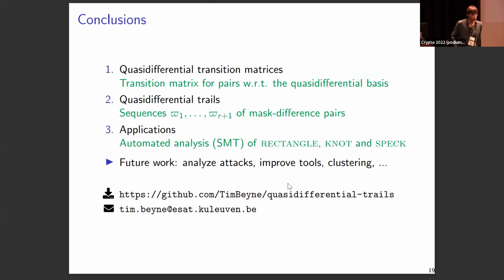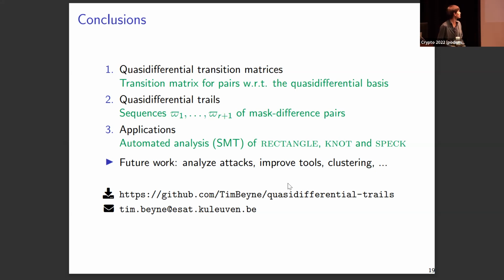So just to conclude, we've got this new thing called quasi-differential trails, which are constructed from quasi-differential transition matrices. And then we applied those in the paper to a number of attacks. We used SMT to find them, and you can find the source code for the SMT tool at this link.